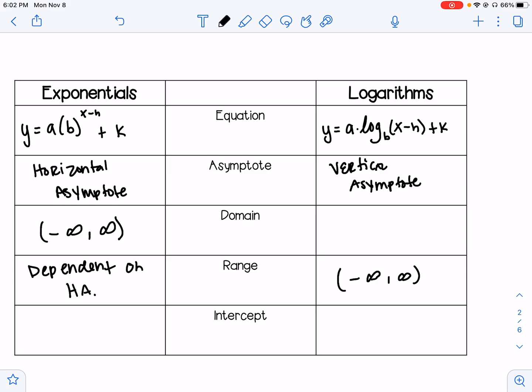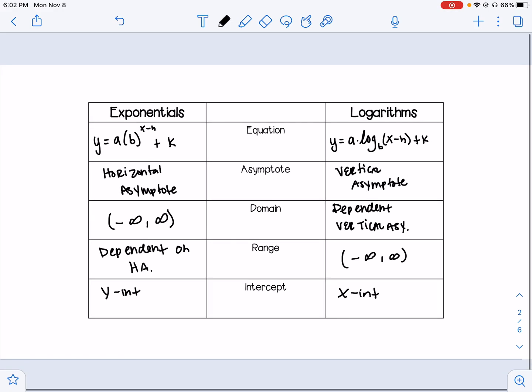So now the domain of a logarithm is going to be dependent on its asymptote, but here it's a vertical asymptote.